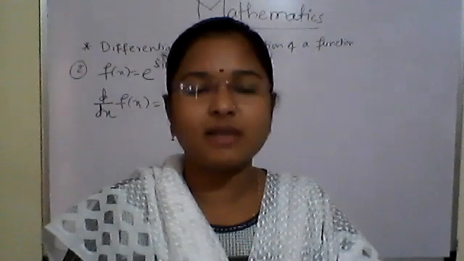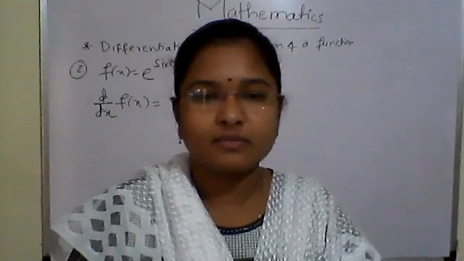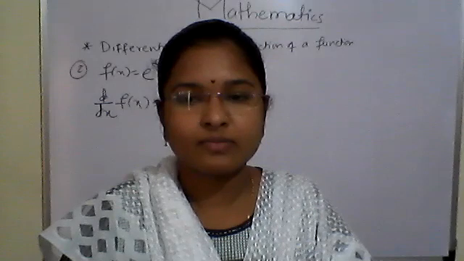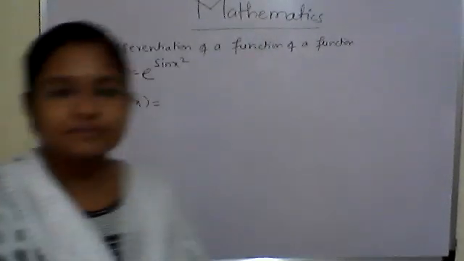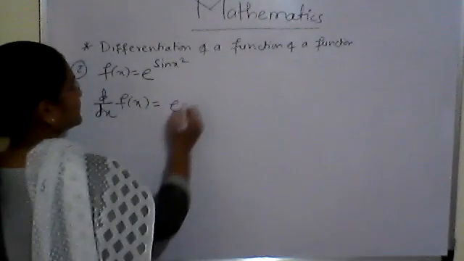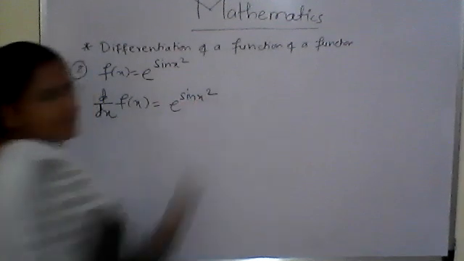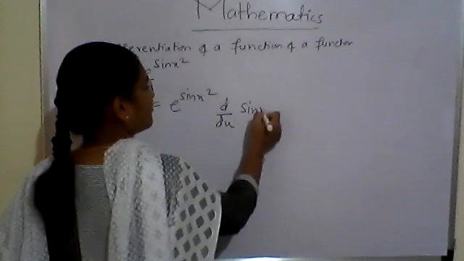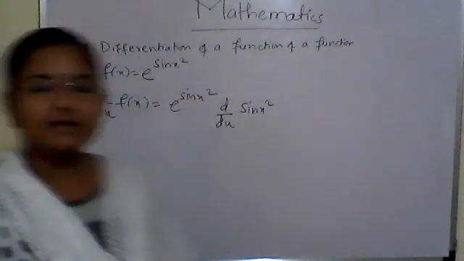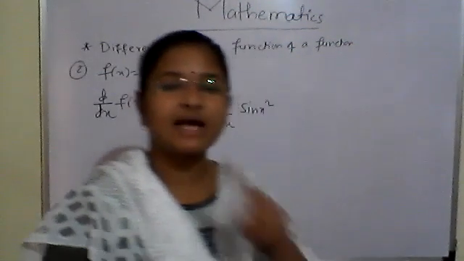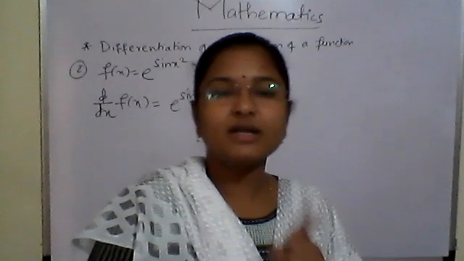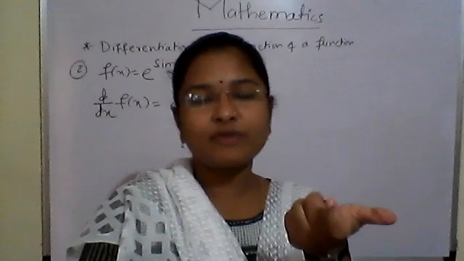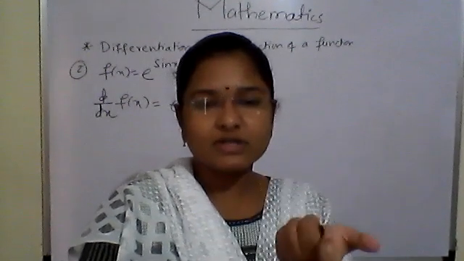It is a very easy example. sin x square as it is into d by dx of sin of x square. The function is as it is, that for x, that is linear form of x, any trigonometric function also it can be.